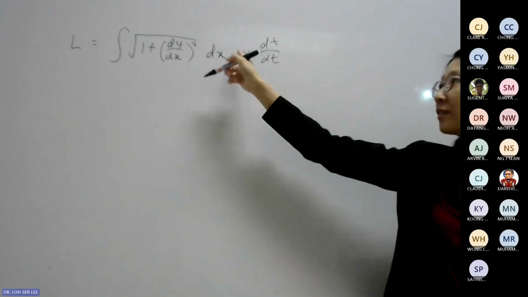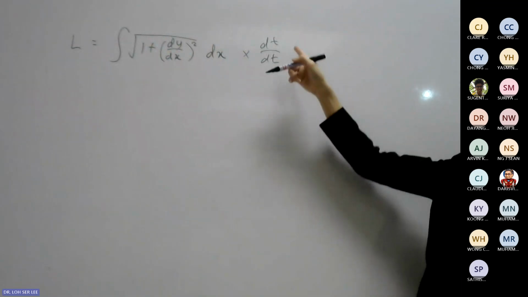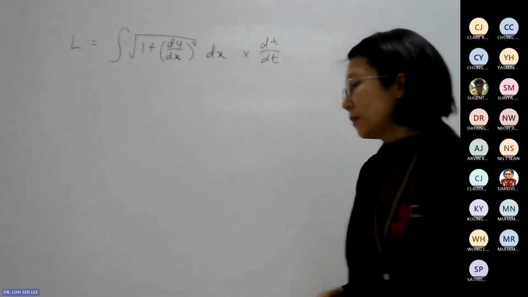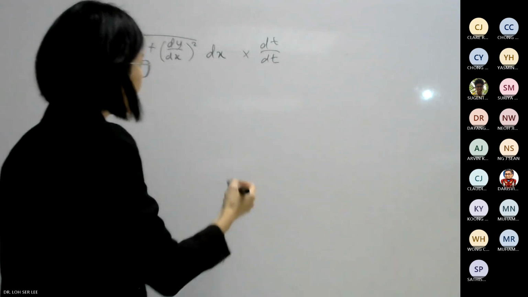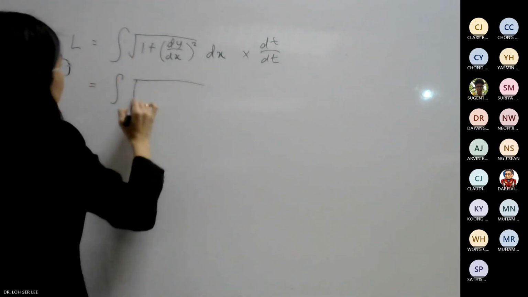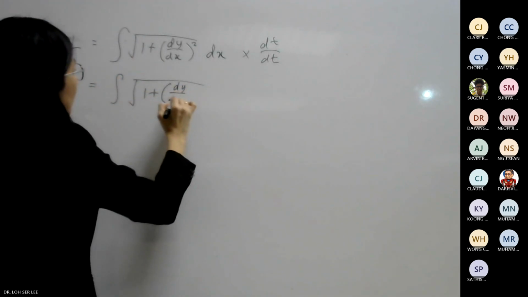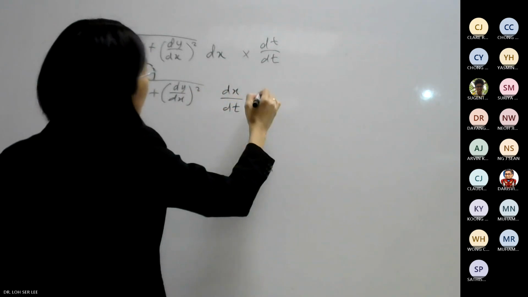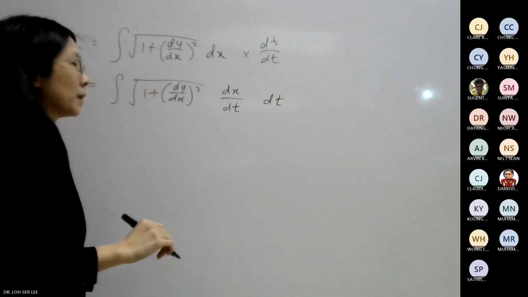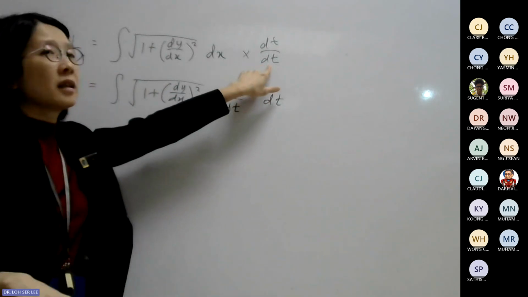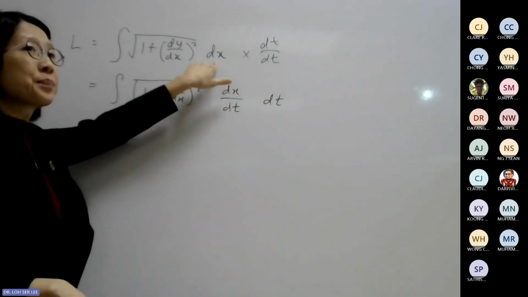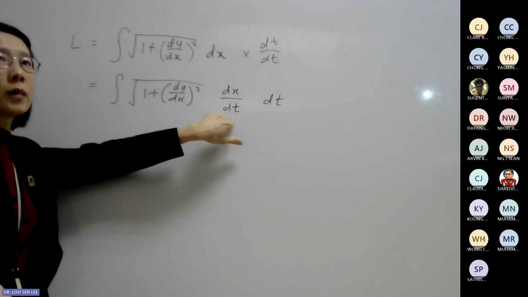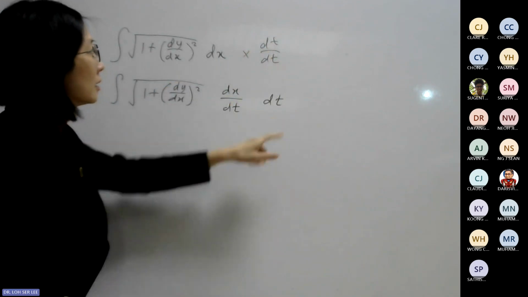We do not change this one, because after you cancel dt, you still have this. We give the 1 over dt to this. We move the 1 over dt to here. So you have this, then we have a dt here.